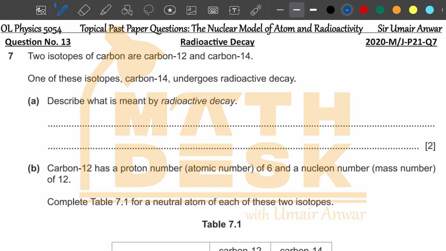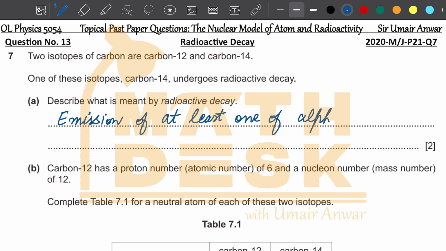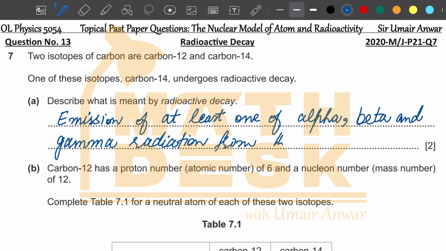So radioactive decay is the emission of at least one of alpha, beta, and gamma radiations from the nucleus.